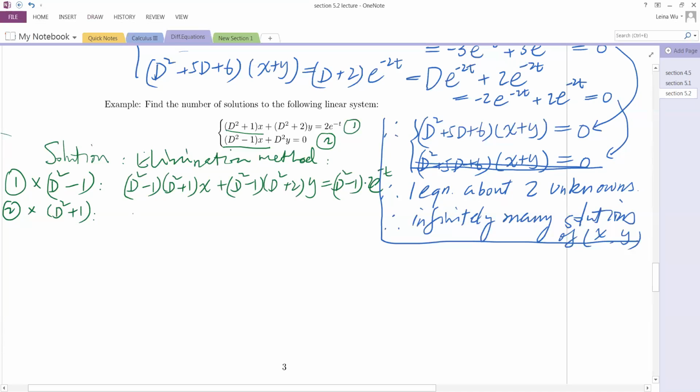The second equation turns out to be D squared minus 1 times D squared plus 1 of x, plus D squared plus 1 y equals the derivative of 0, which will always be 0. So this is equation 3, and that's equation 4.